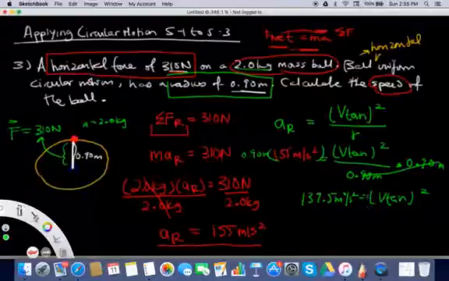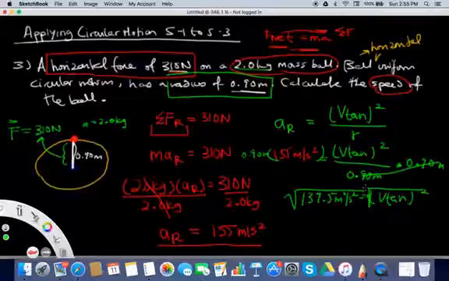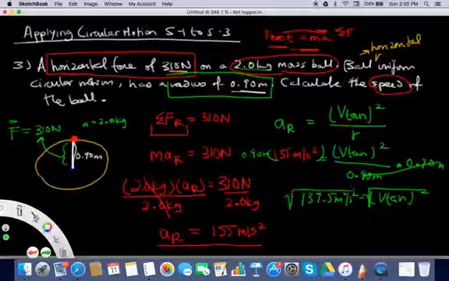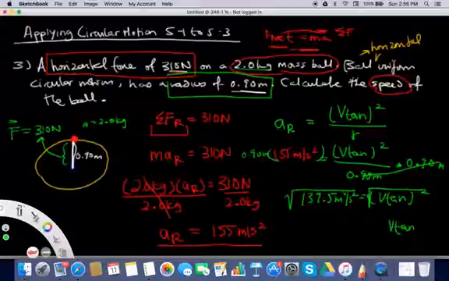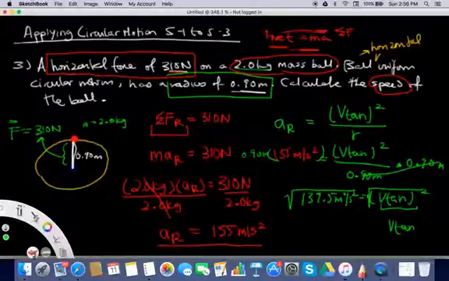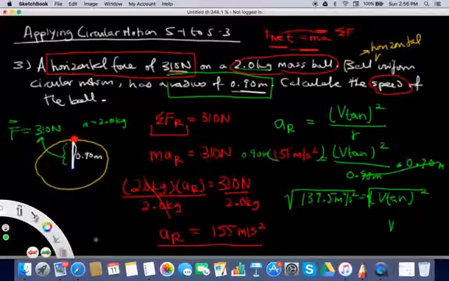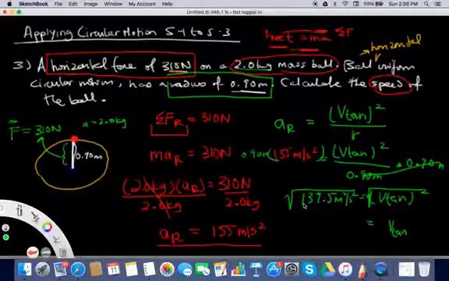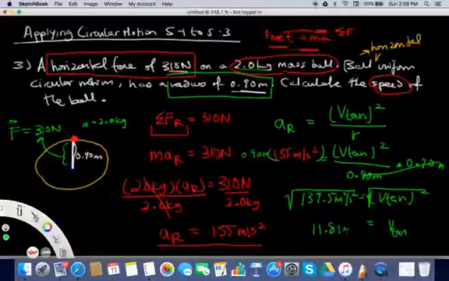So we have to take the square root of both sides, and that gives us our tangential velocity, because the square root of anything squared is just whatever is inside the square root. So our tangential velocity is equal to the square root of 139.5, and that's nothing but 11.81 meters per second.